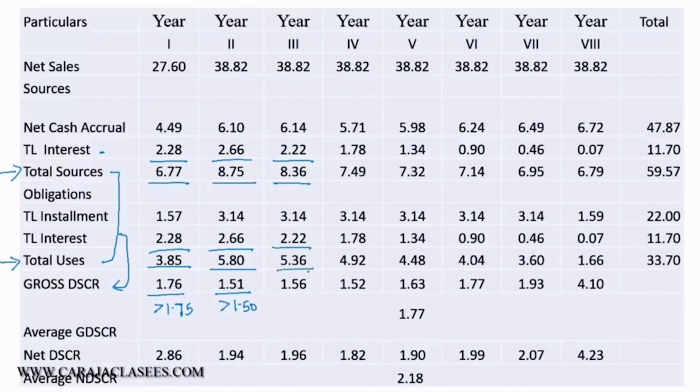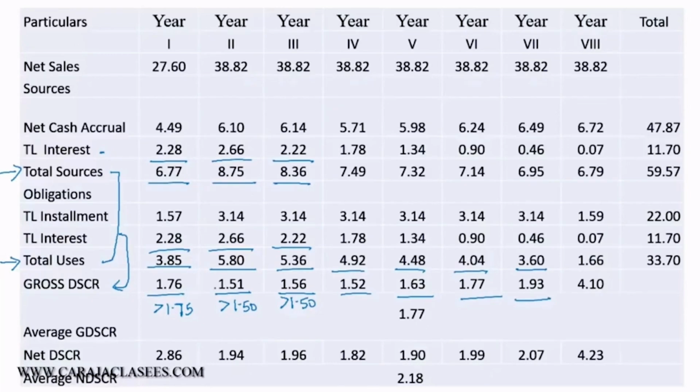So 8.36 divided by 5.36, it is 1.56. That is the DSCR. It is also greater than 1.50. And if you notice, every year the ratio is maintained above 1.5.